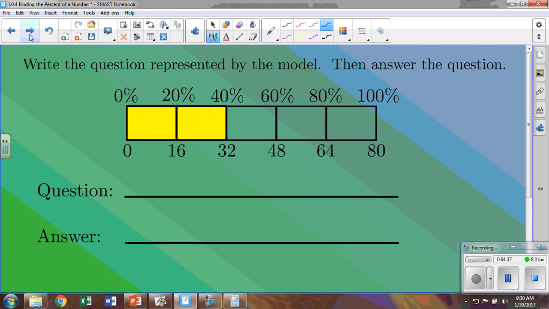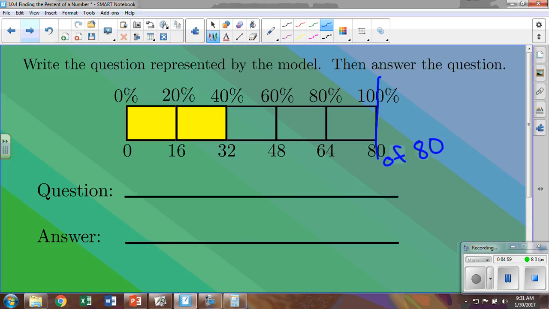Here, write the question represented by this visual model. Then, of course, you have to answer the question. There are some very quick characteristics behind this. 100% is what you're recognizing. That's where you're of.